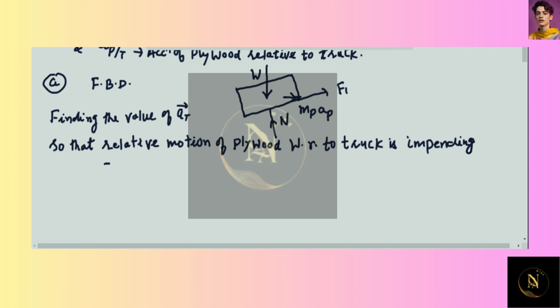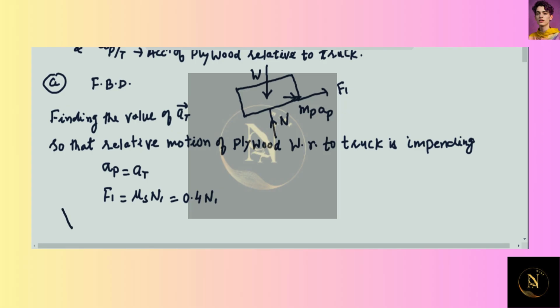So in this case, acceleration of plywood and truck have the same value, and friction has the value mu s into N1, that is 0.4 into N1.